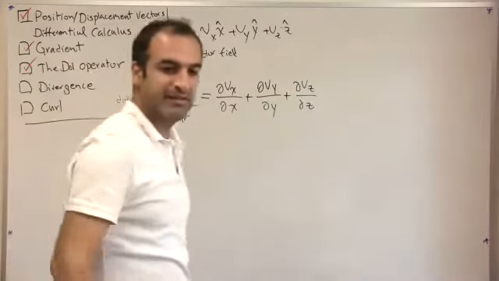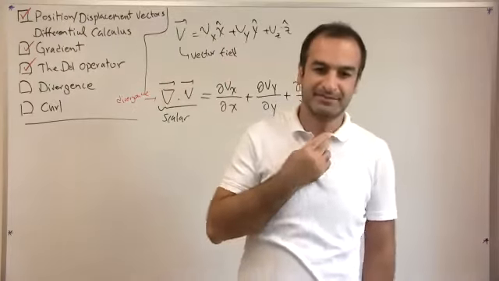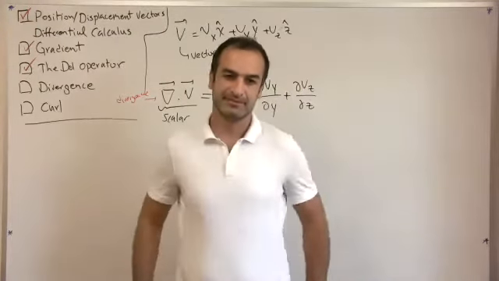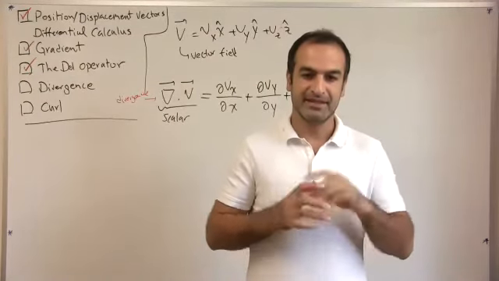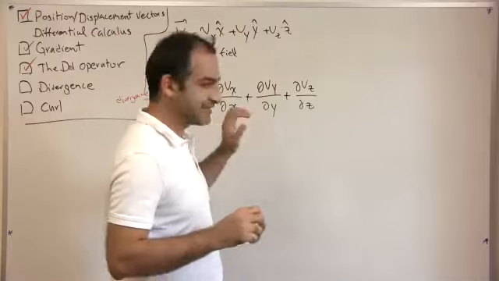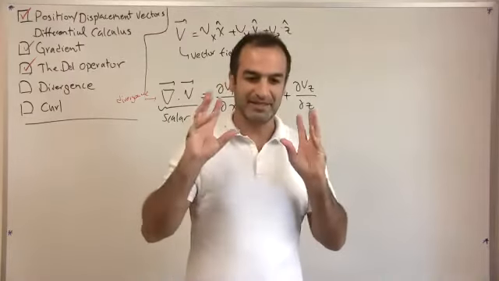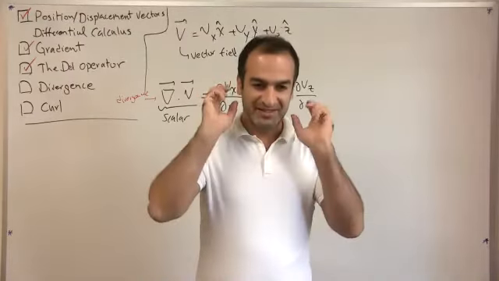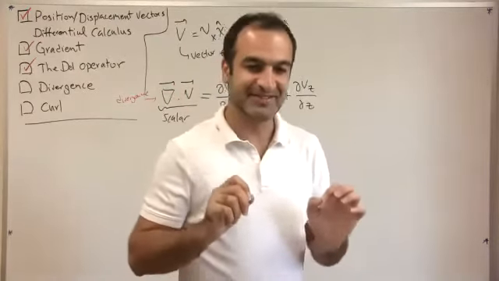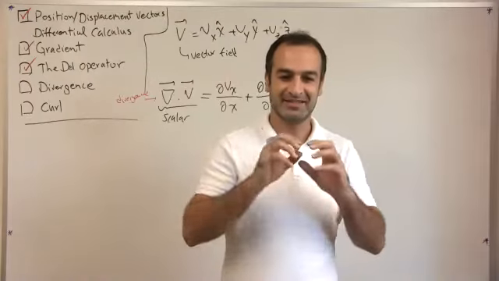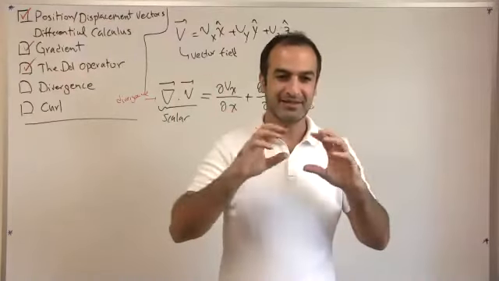So what is the meaning of divergence? The name is actually a good name. What does it turn on in your head as soon as you hear divergence? Something is diverging.